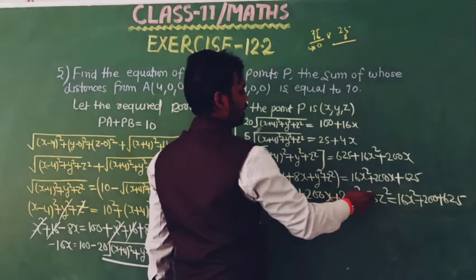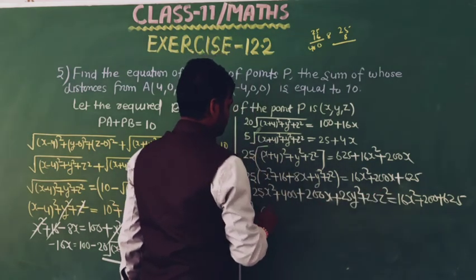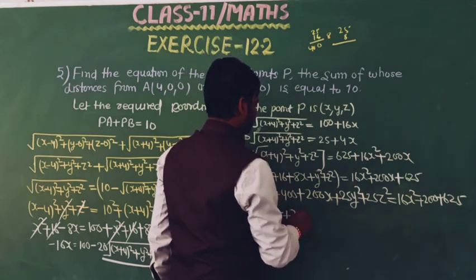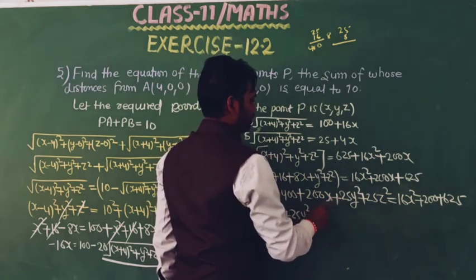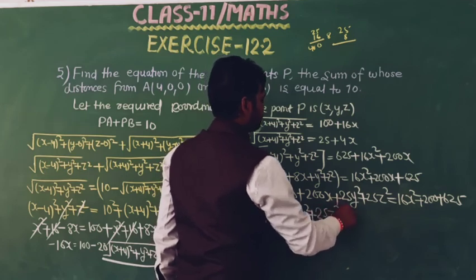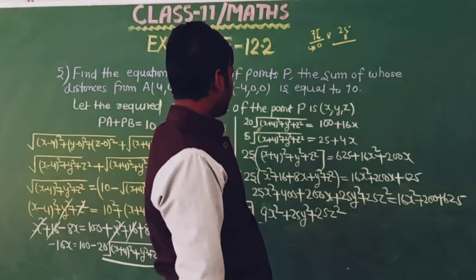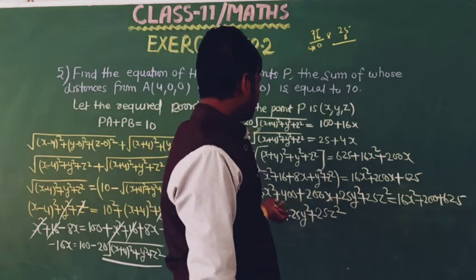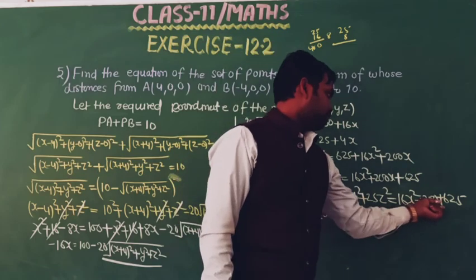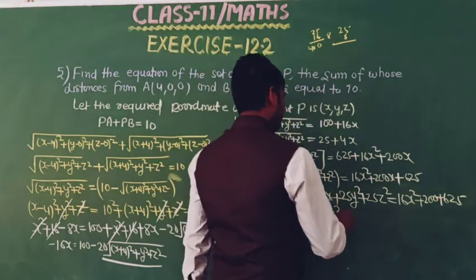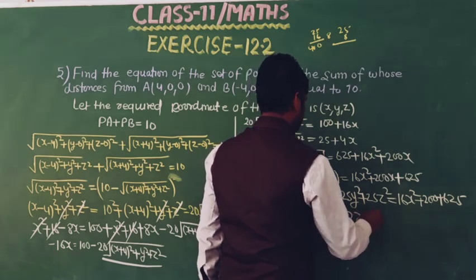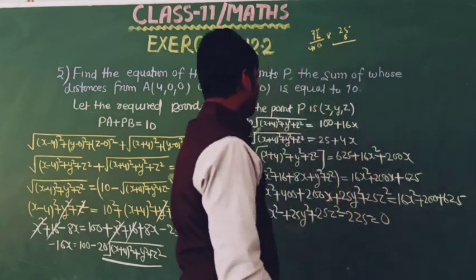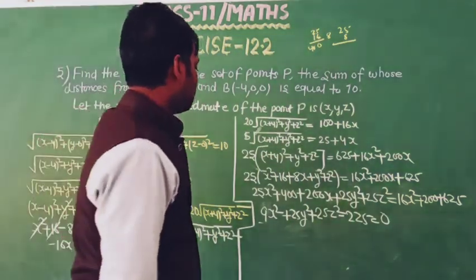So 25x square minus 16x square is 9x square, plus 25y square plus 25z square, and 400 minus 625 is minus 225, equal to 0.